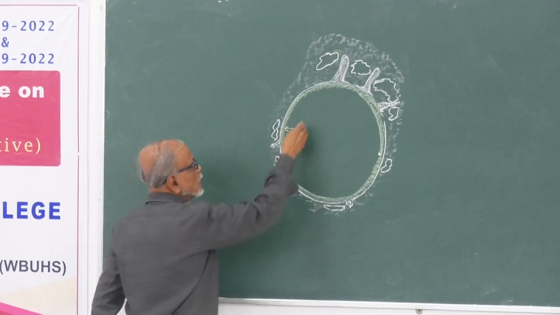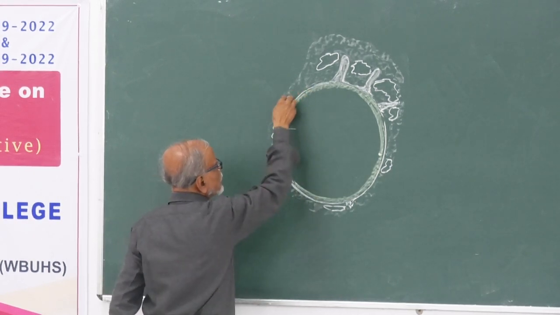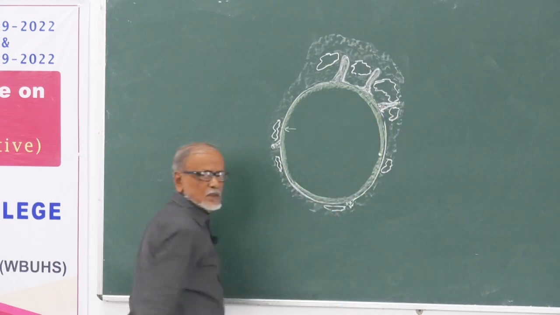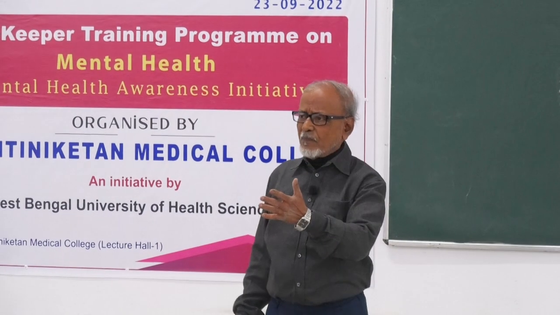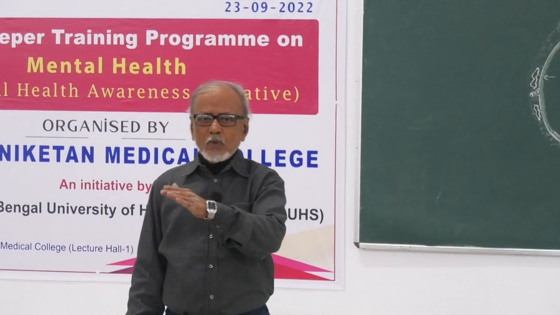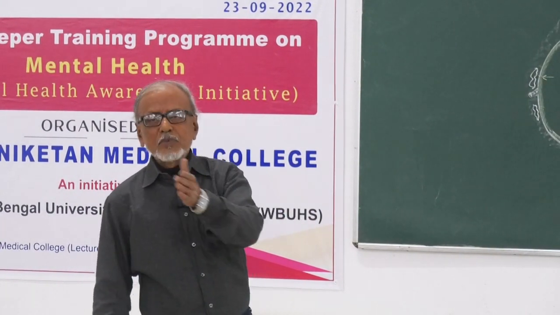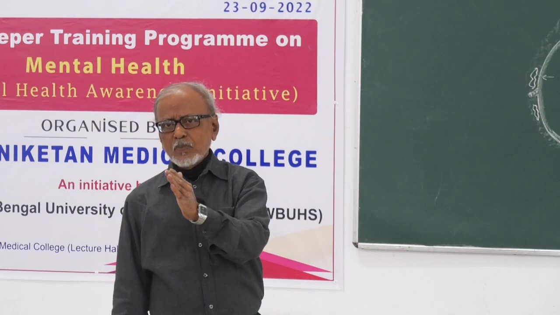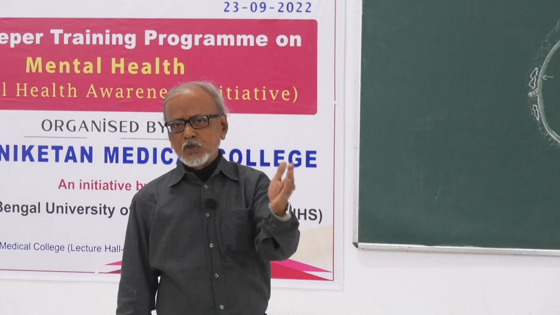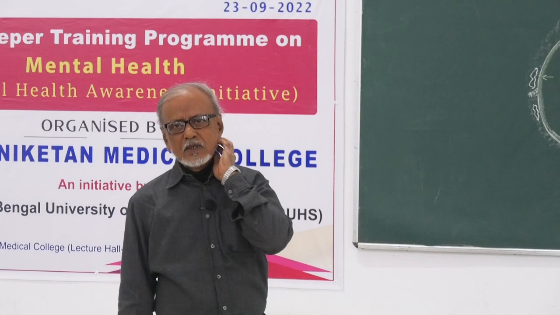Primary mesoderm, then the cytotrophoblast, and finally the syncytiotrophoblast. Nothing else is there. It is as simple as that.